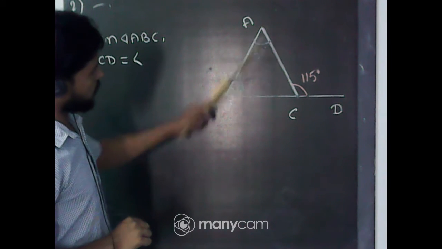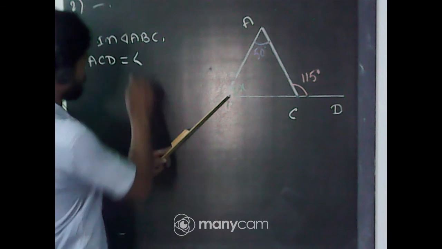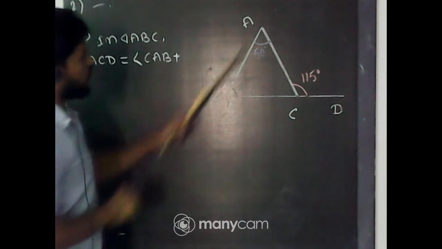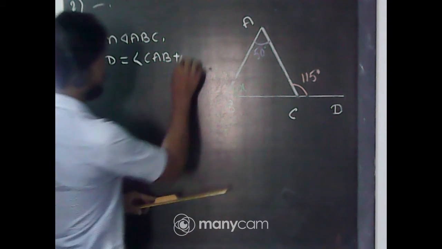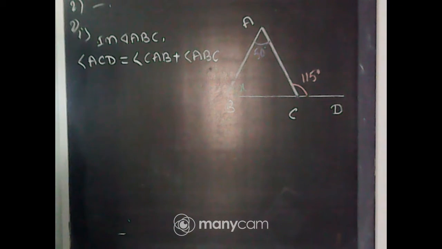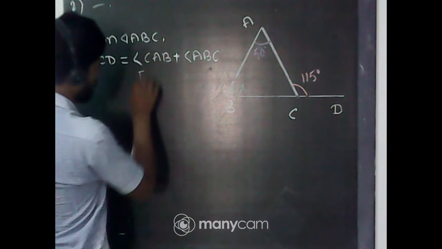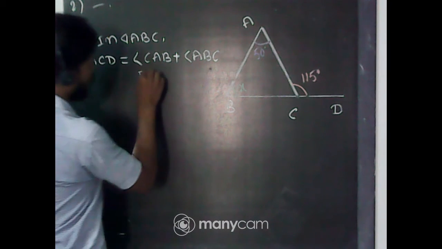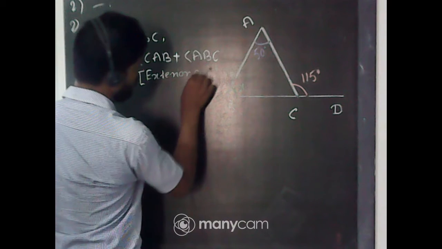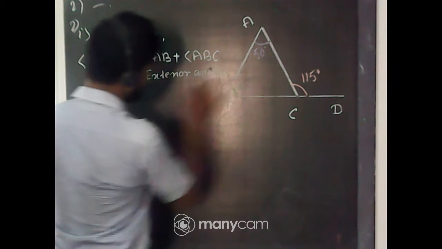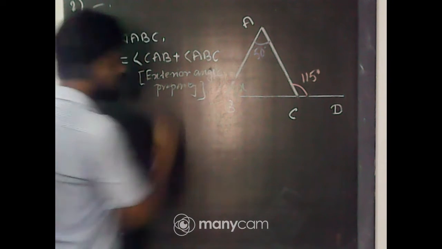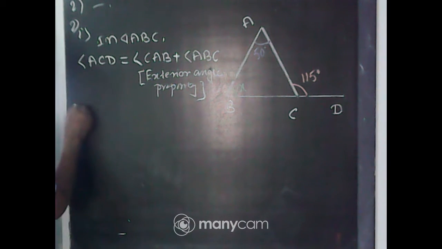So angle ACD equals angle CAB plus angle ABC. Within the bracket we'll write the reason: it is from the exterior angle property of a triangle.